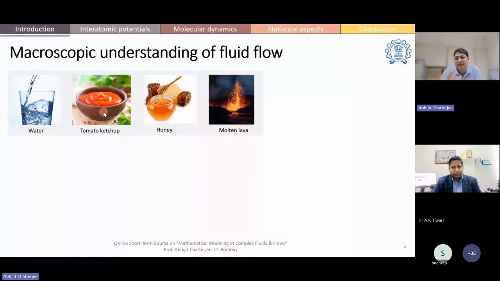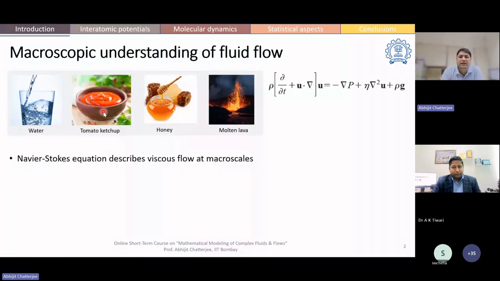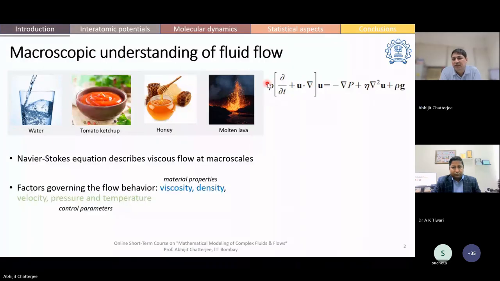To explain all these systems, the standard approach uses the Navier-Stokes equation, which can describe viscous flow at macro scales. This equation has time derivatives as well as spatial derivatives, and there are certain material properties that appear, namely the density and the viscosity.